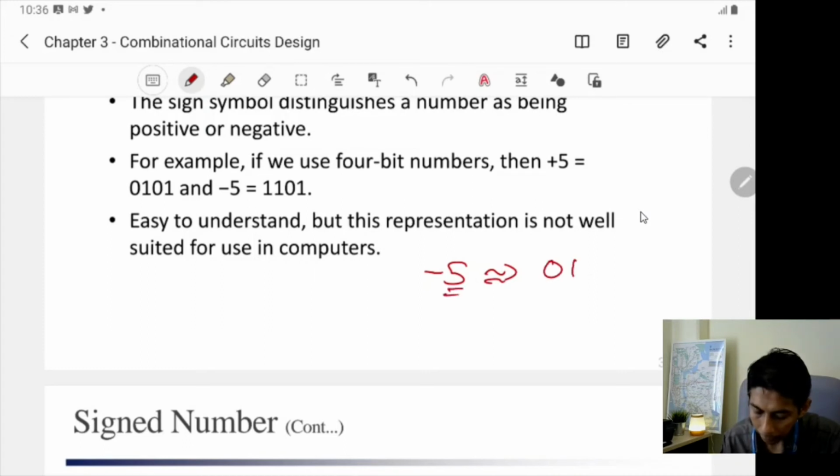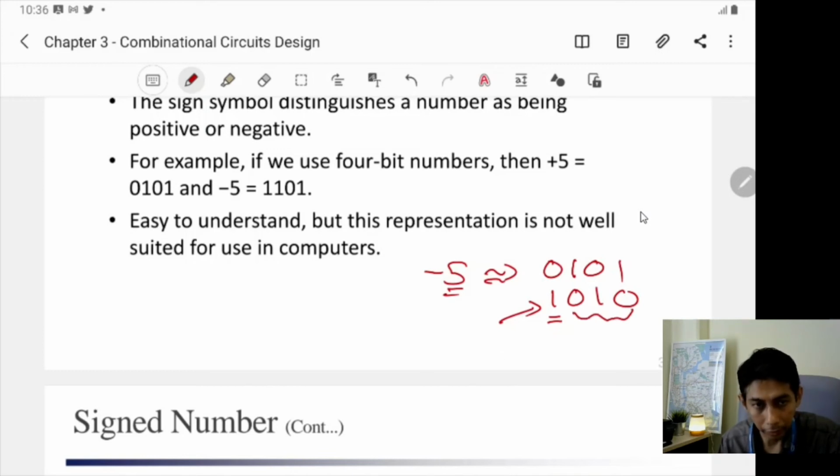So we have 0, 1, 0, 1, and we complement the number. So we have 1, 0, 1, 0. So this is -5 in first complement representation. So you see, now you have 1 here, which means that this is a negative number. And the rest is the magnitude of 5 in first complement representation.